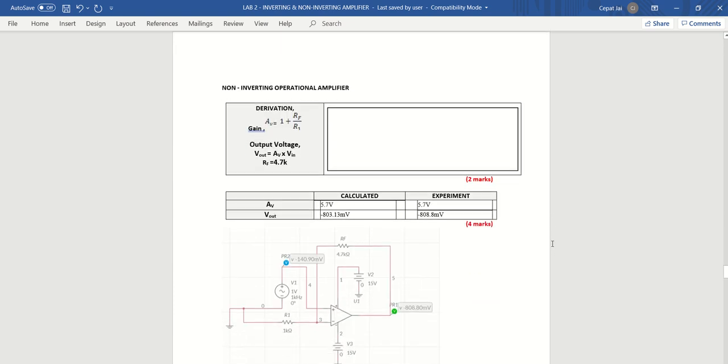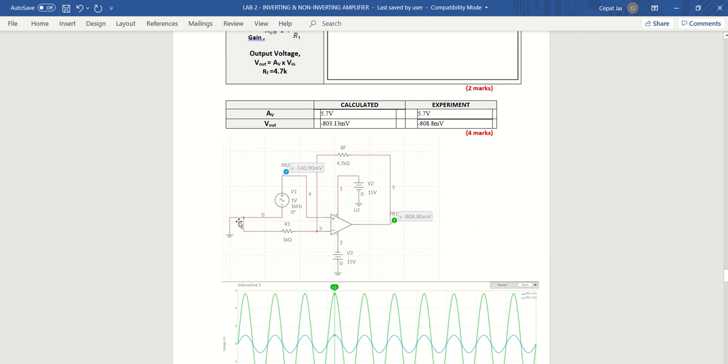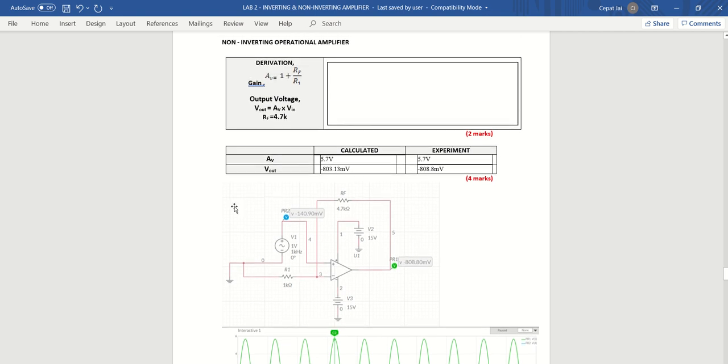Next, the non-inverting operational amplifier. The circuit is like this and the formula is like this, just changed a little bit. The voltage gain is 1 plus Rf over R1.